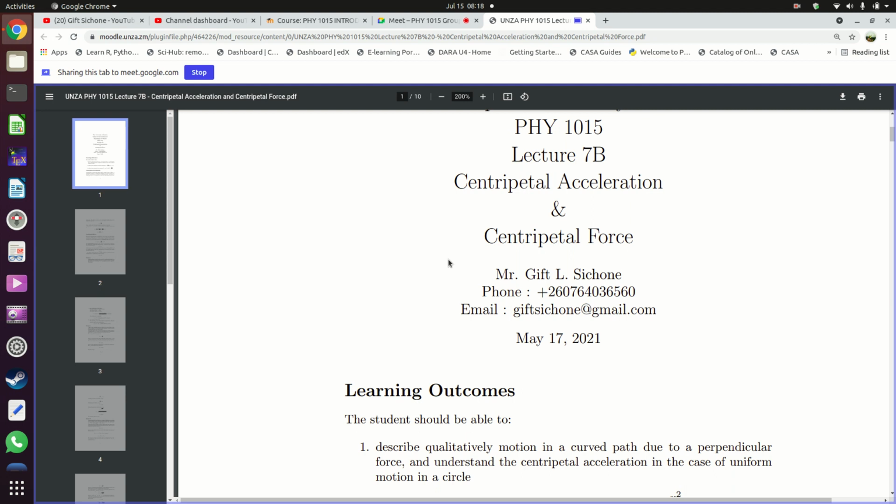If you get your car and go into a roundabout, then you decide not to turn and lift your hands from the steering wheel, your car is not going to go around the roundabout. It will start moving in a straight line and get out of the roundabout. The reason a car moves in a roundabout is that you have to continuously turn the car. You have to force the car to move in a roundabout. Otherwise, if you don't provide the force, any object will prefer to move in a straight line.